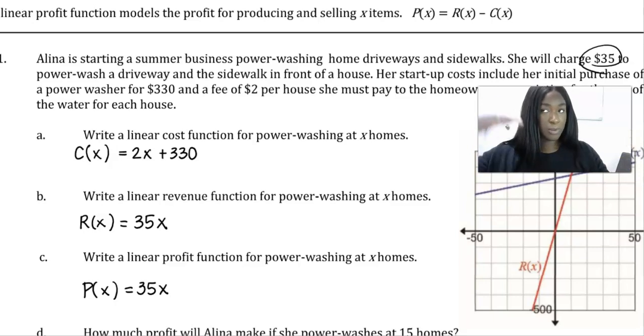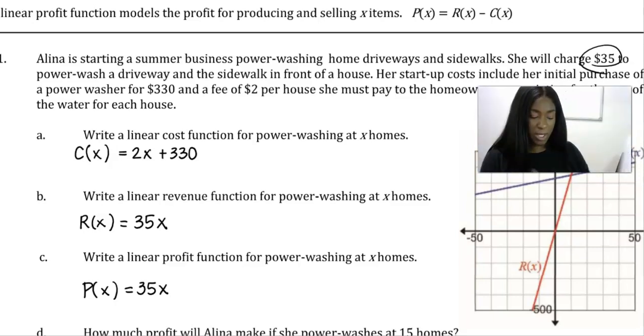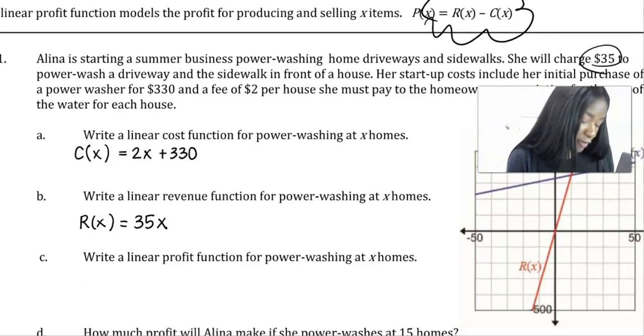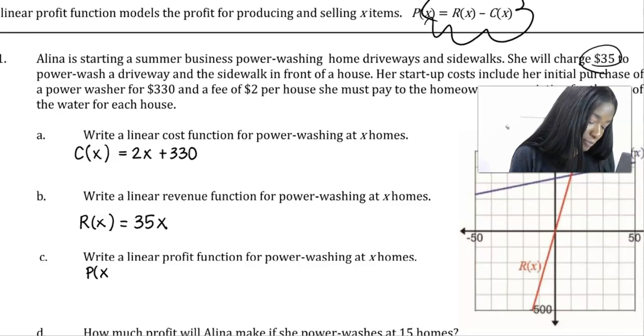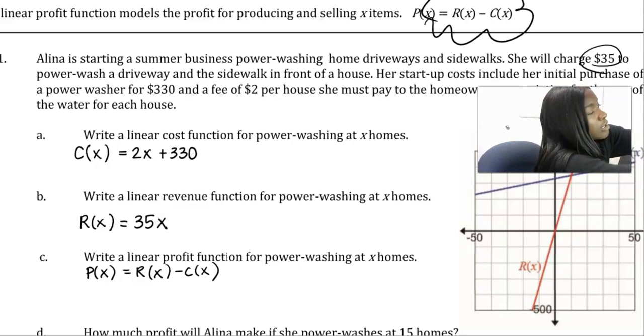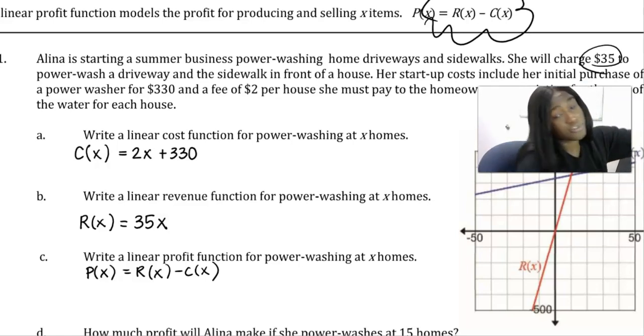There's a reason we do this before that or that before this, because to get the profit function, by definition, the profit function is her revenue minus her cost. Right? Subtracting those two functions. I hope that sounds familiar, because in lesson 4, we talked about algebra of functions and subtracting functions.